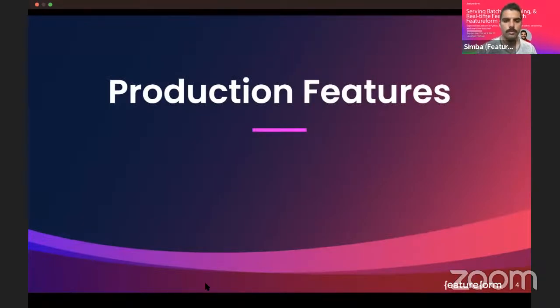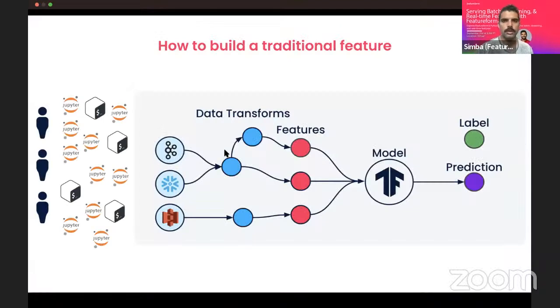Cool. So obviously, to use a model, you have to train it. Once it's trained, you're going to use it in production. So let's talk about that part. The way we typically create a feature is, as a data scientist, we'll work in our notebooks.